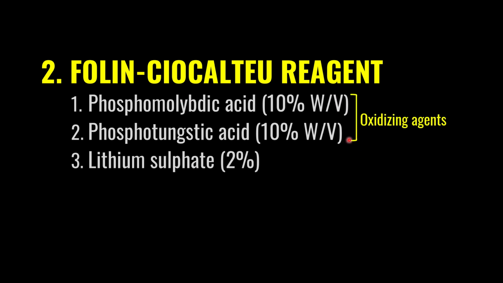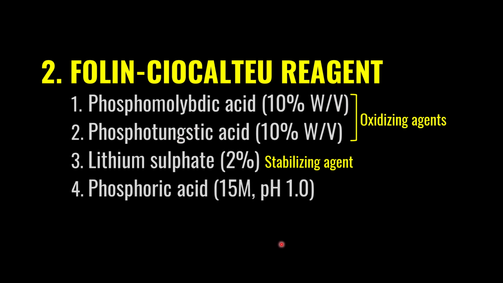These are actually strong oxidizing agents, and they oxidize the protein complex. And lithium sulfate is a stabilizing agent. It keeps the two components well in solution, and phosphoric acid gives a pH close to 1.